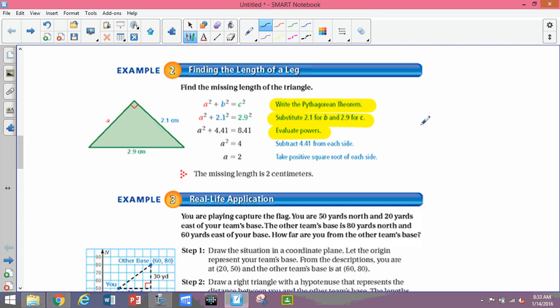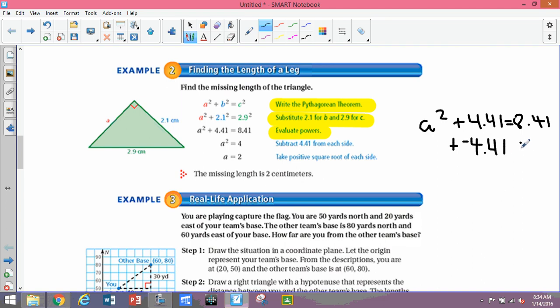and you'd have a squared plus 4.41 equals 8.41. Okay, now I want you to do the opposite. You need to balance your equation, and I want to see that. So you're going to add a negative 4.41 to both sides. Now, you don't have to add negative.